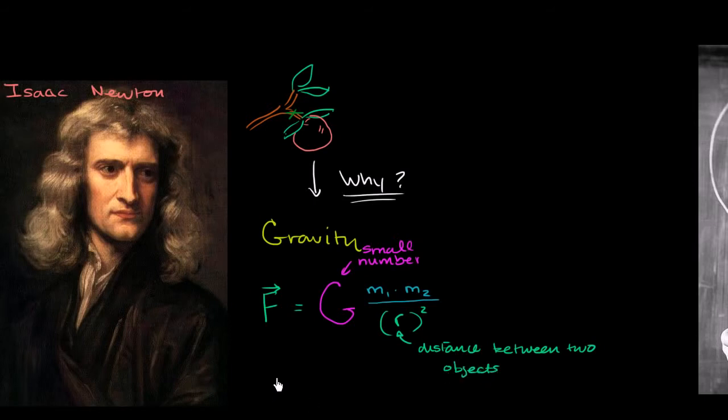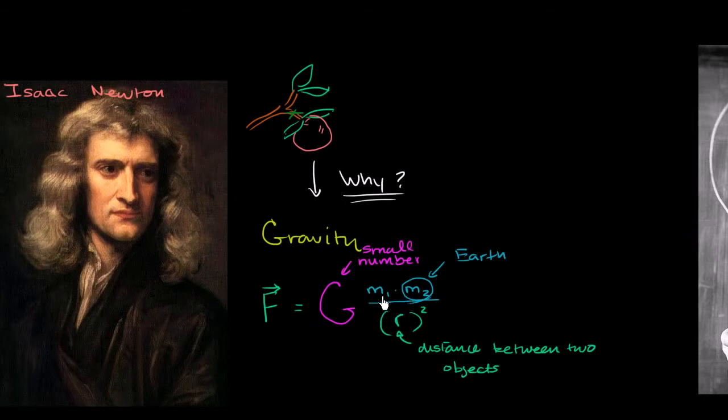So if you're talking about the force of gravity on Earth, you'd pick one of the masses to be Earth. This is the object that's on Earth. Maybe it's me. And then this is the distance between the center of masses of both of those objects.